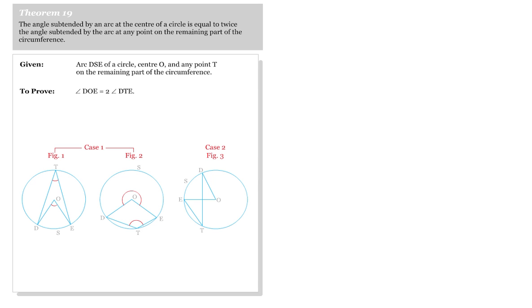Once again, in order to prove this theorem, we must make a construction. In each figure, we join T to O and extend the line to R to form the angles O1 and O2.